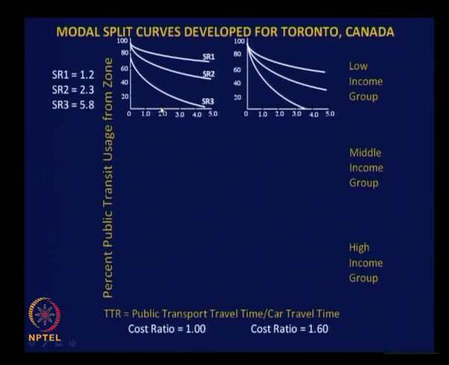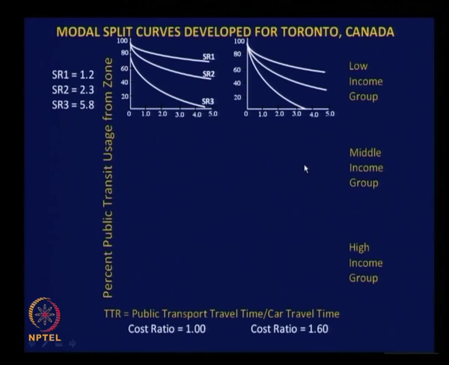You take for example travel time ratio of 2, and take the case of SR3. When the cost ratio is 1, what percentage of travelers will use public transit? 30%. And for the same travel time ratio, but for the cost ratio of 1.6, you can see only 20% will make use of transit.